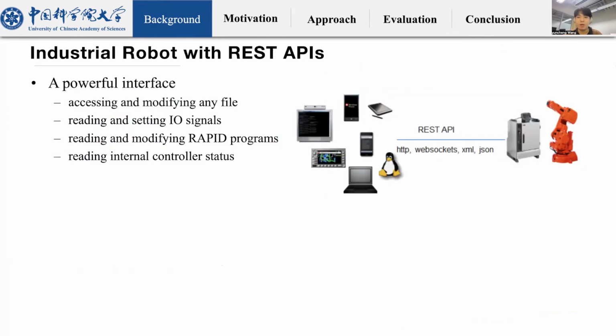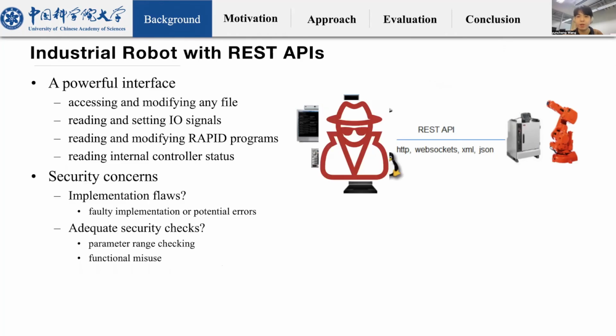In industrial robots, the REST API server has a powerful interface. External requests can directly access the robot controller through the REST API, enabling control and programming of the robots. This includes tasks like accessing and modifying files, reading and setting I/O signals, reading and modifying robot programs, and much more.